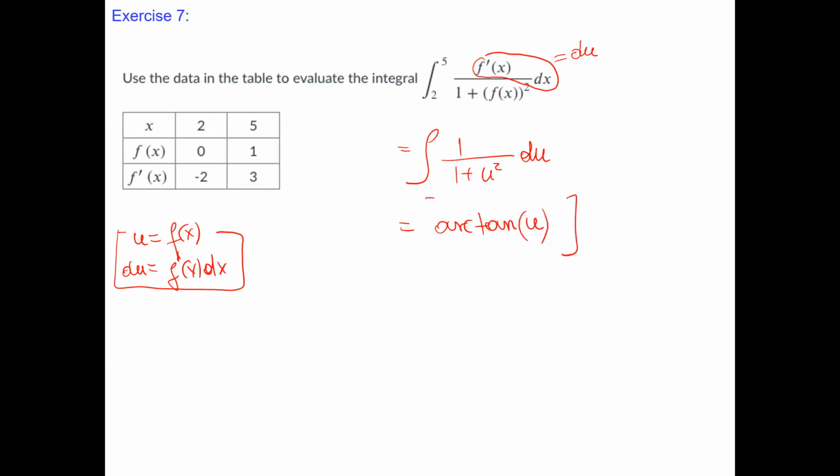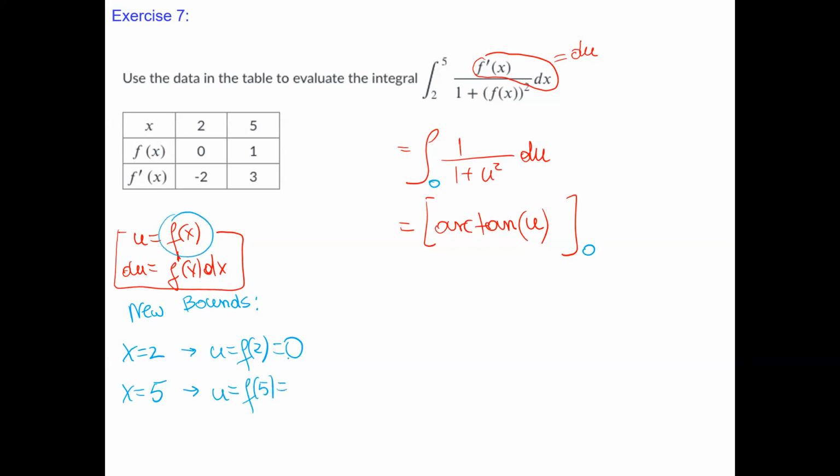Right? We need new limits of integration. I will write new bounds. If x was 2, then u is f of 2, and f of 2 is 0. So we go from 0. Now, when x was 5, then the new bound u will be f of 5, because that's my substitution. f of 5 is 1.